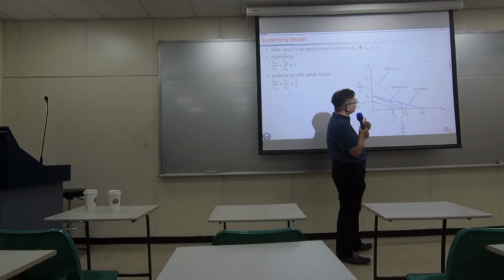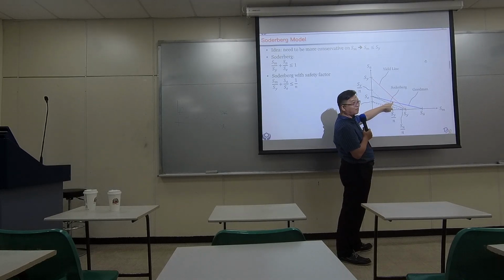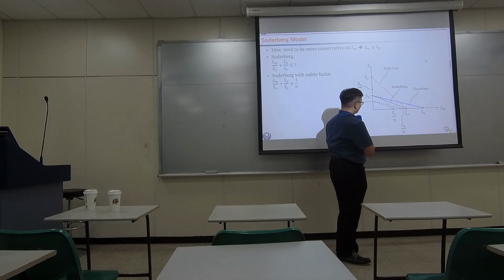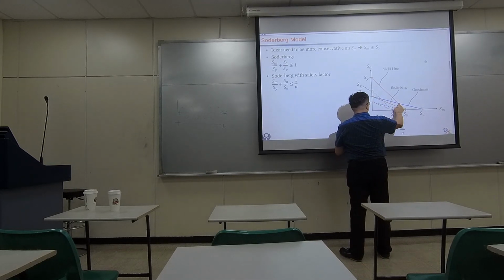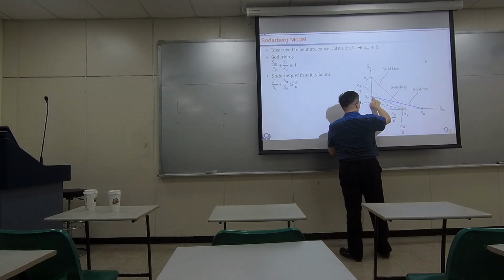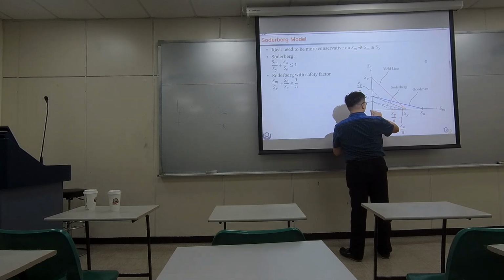So if you Google and look for some other models, there's a modified Goodman. So what does modified Goodman look like? Modified Goodman is a combination of the red line and the blue line. So modified Goodman chose to use the union area underneath the blue and the red.